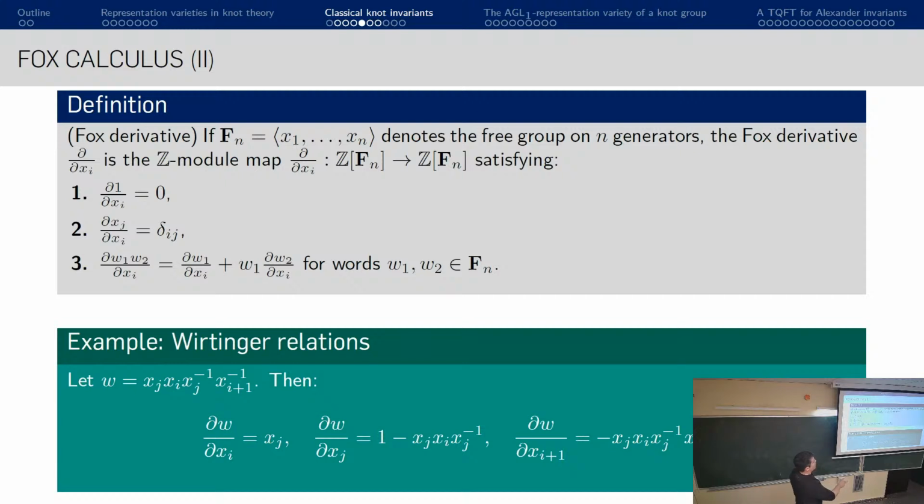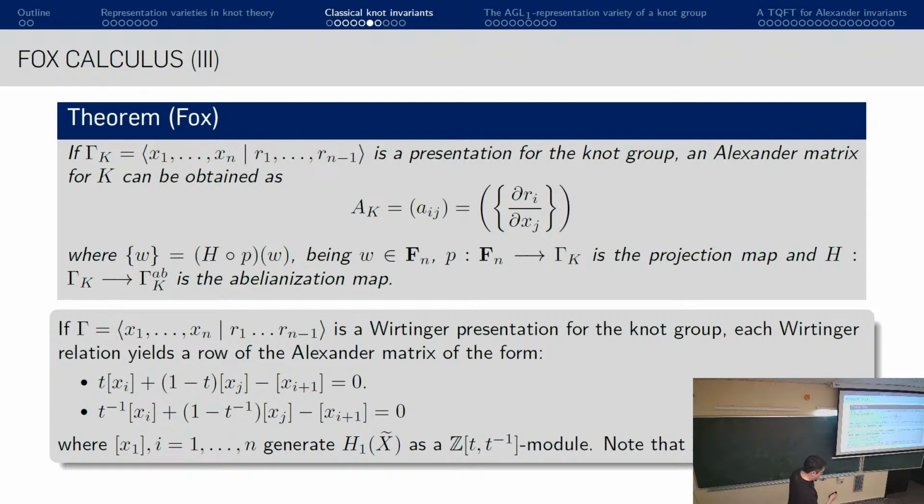That's T squared, T inverse. You get 1 minus T, and then you get minus T squared, T minus 2, you get minus 1. And I've spent some time to show you that essentially the relations that appear on those matrices, since the knot group is presented using a Wirtinger representation, all the equations look like this.